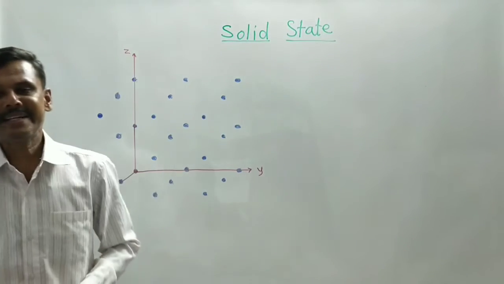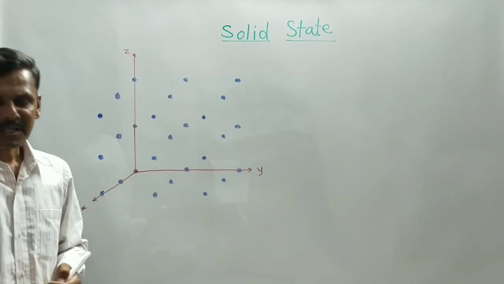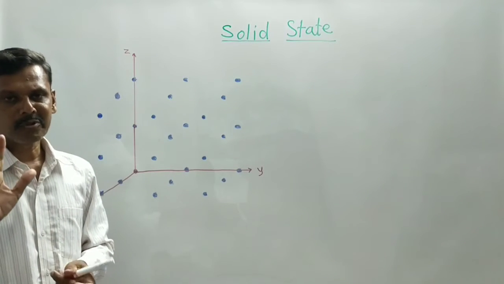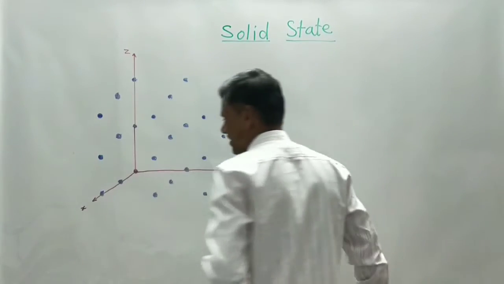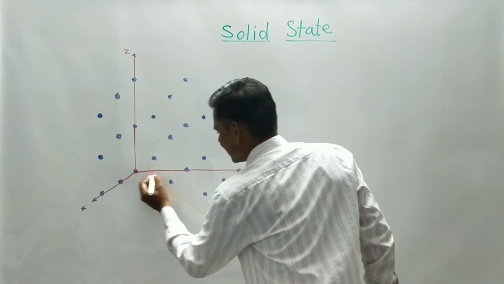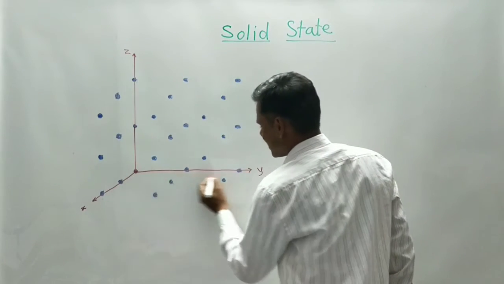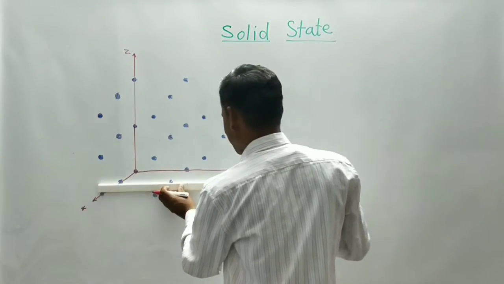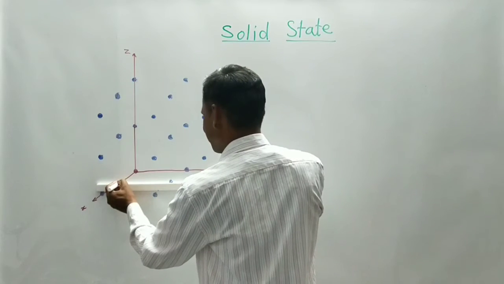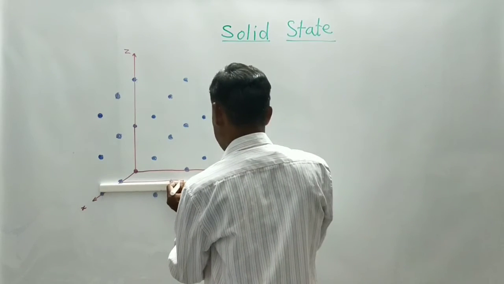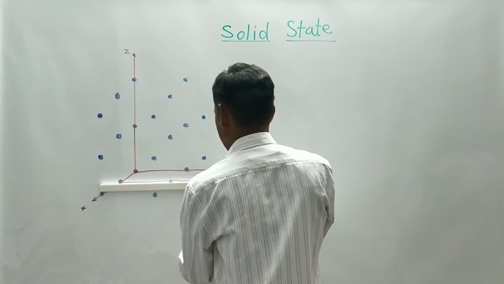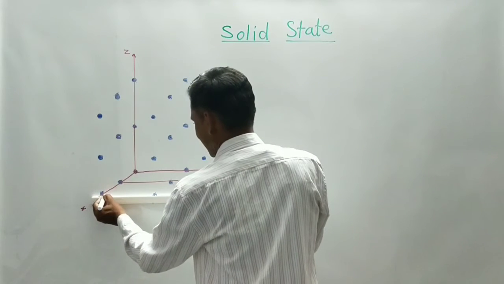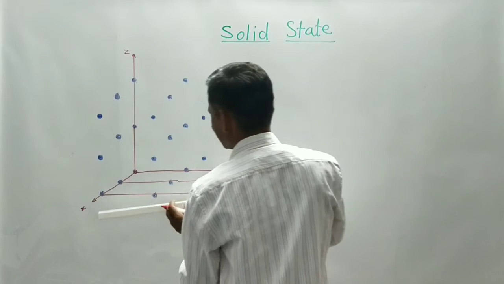Now imagine it in three dimensions. Now I join the points on each axis. On the y-axis, these 3 points are there. If we consider this point on the y-axis, these 3 points are there. I join them. Then if we consider this point, I join these points on the y-axis.